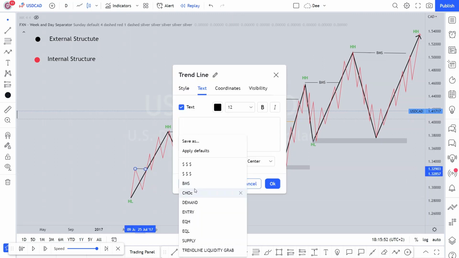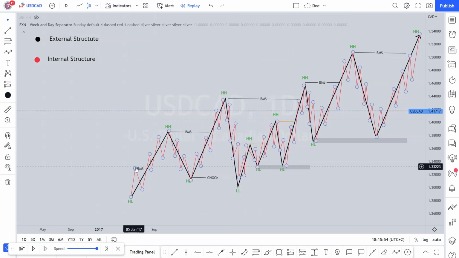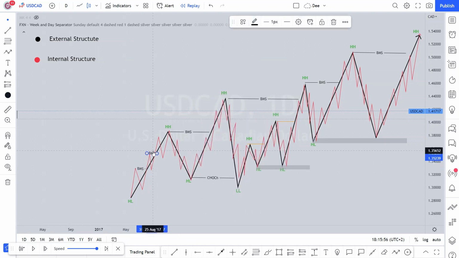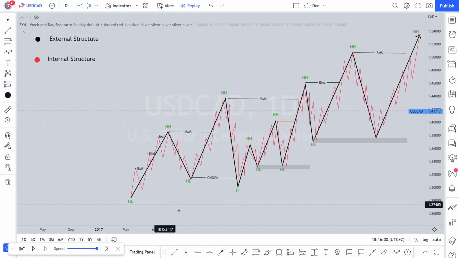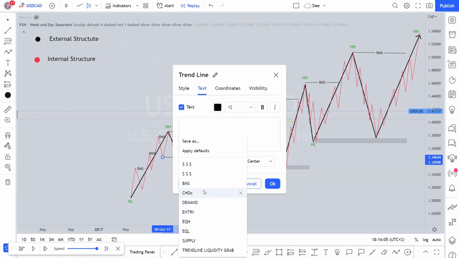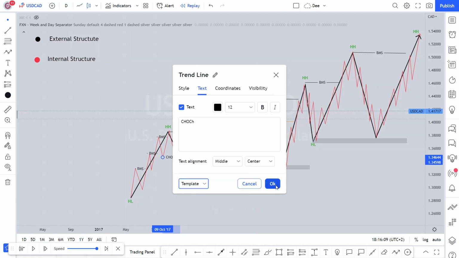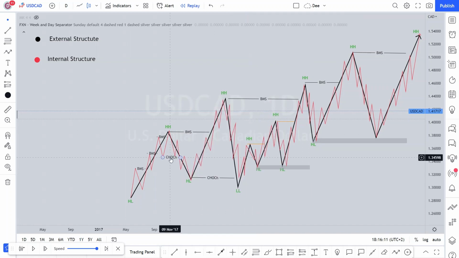So this is going to be a break of market structure, and a break of market structure, a break of market structure, and what we have there is a change of character within external structure. Understanding this gives you an edge over the market.